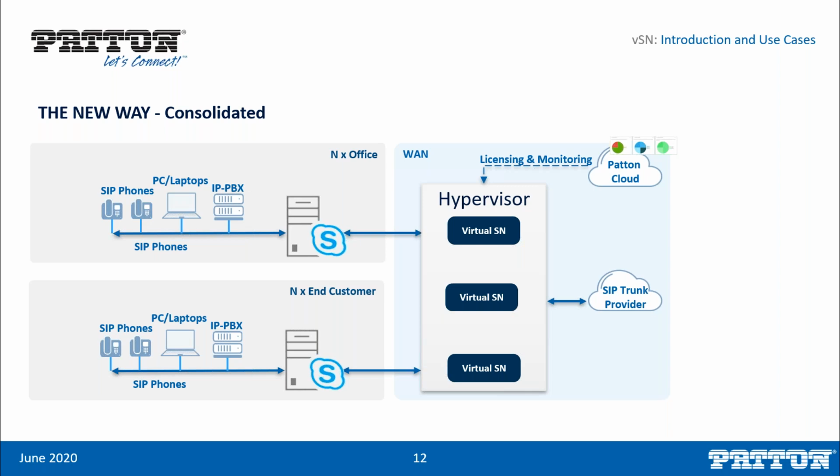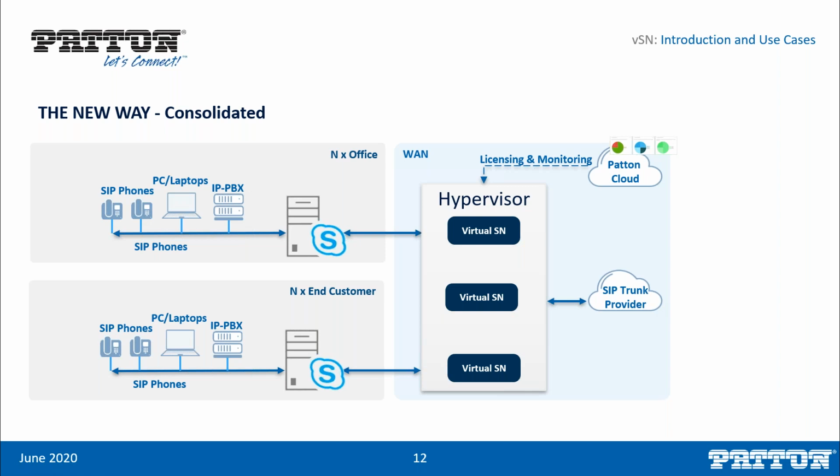So in other words, the managed service provider here can aggregate all the different SIP trunks coming from the customer side, so indicated here on the left-hand side in a gray area, together on one or multiple virtual smart node instances, and bring them out to one SIP trunk provider, which helps reduce cost for such a managed service provider.